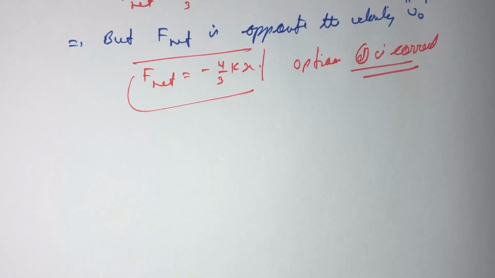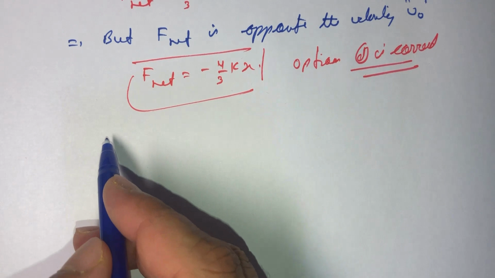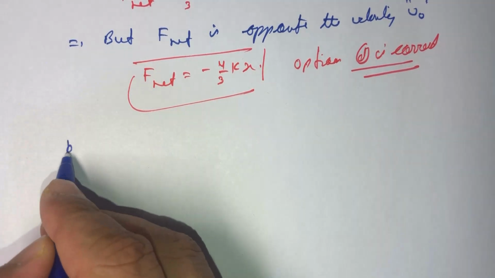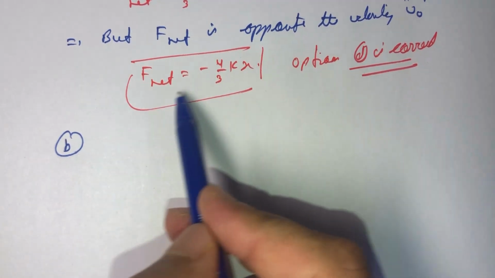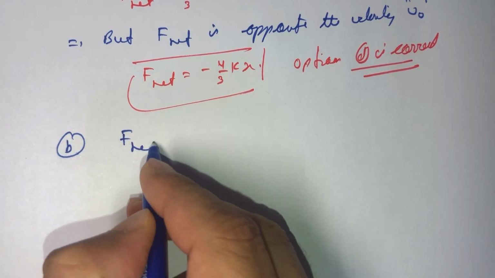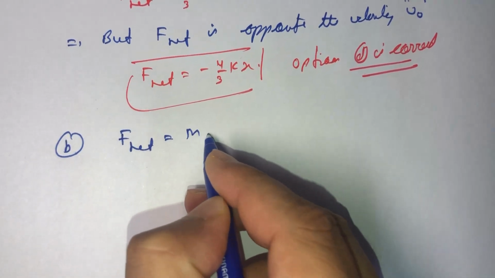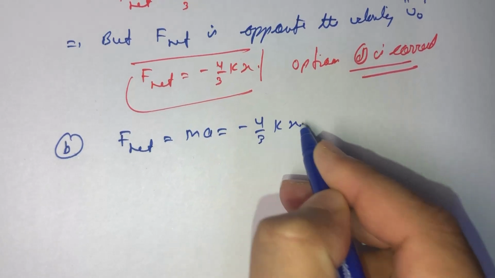Now let us go to part B. In part B, we are supposed to find the angular velocity omega if the disk undergoes simple harmonic motion. From here itself, we can say that F net is equal to mass into acceleration, which is equal to minus 4 by 3 kx.